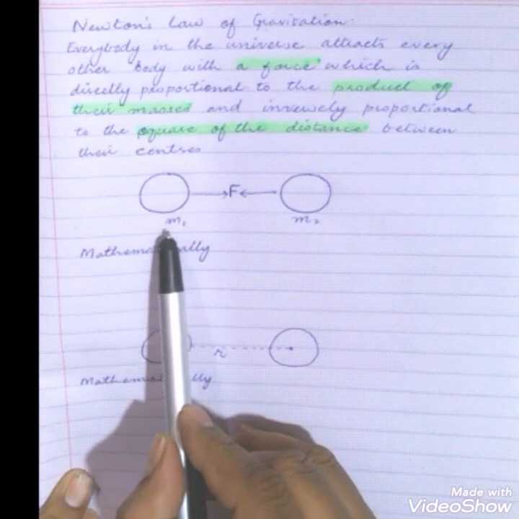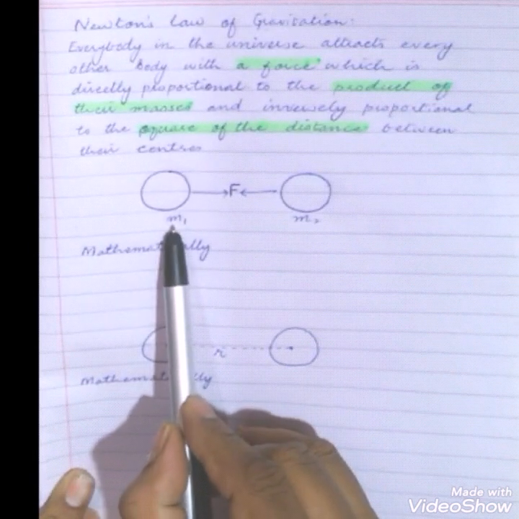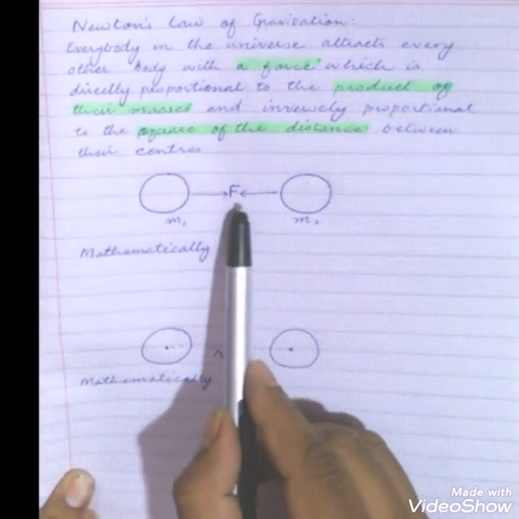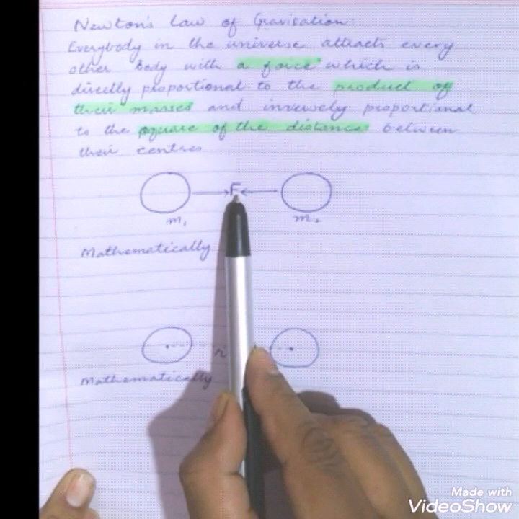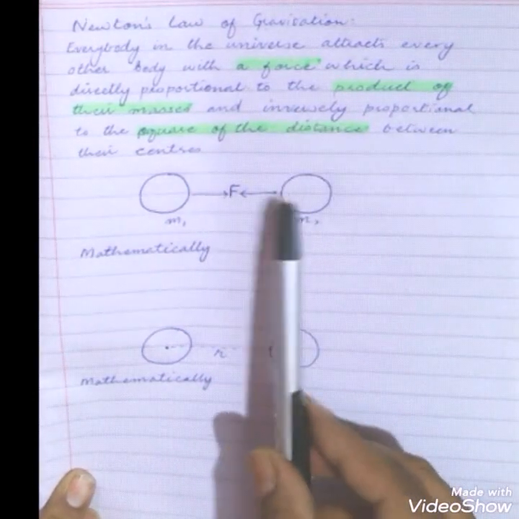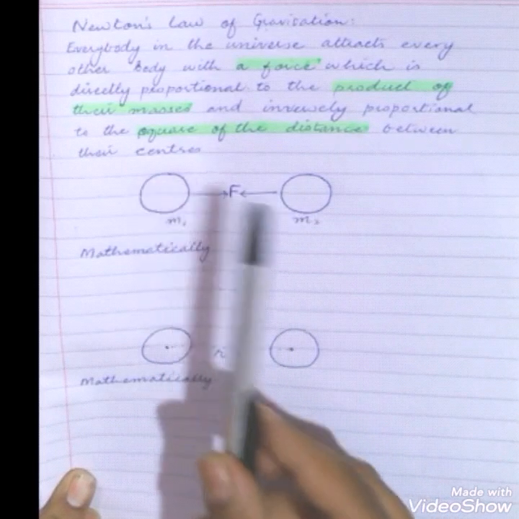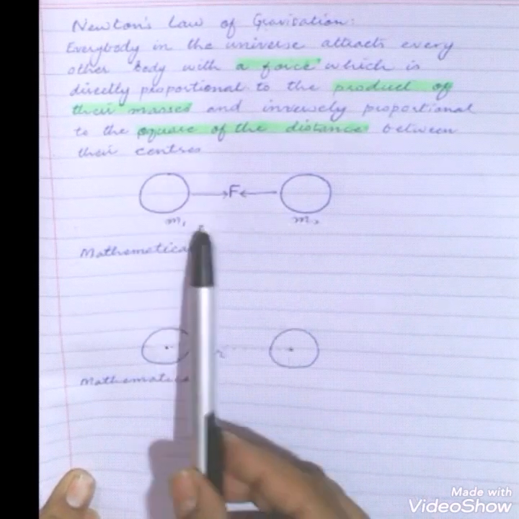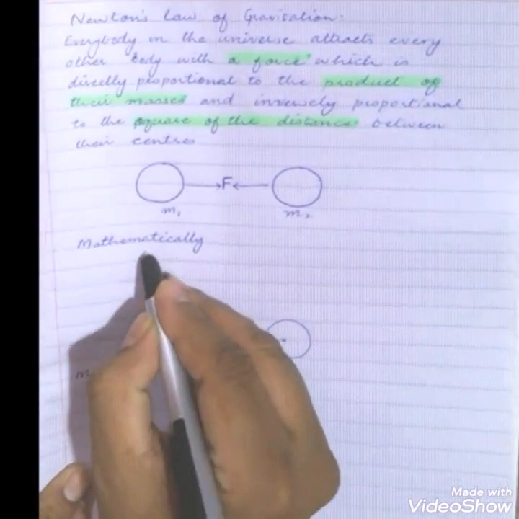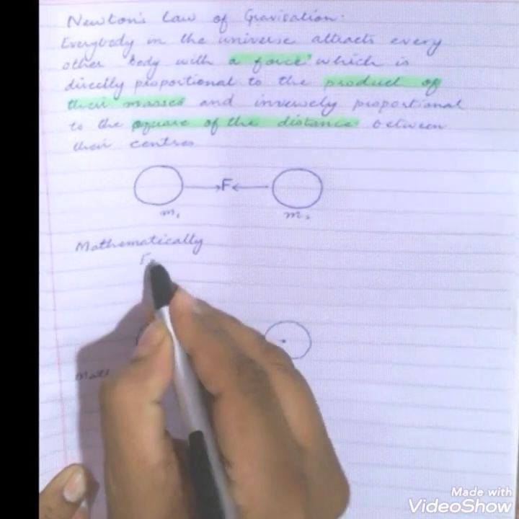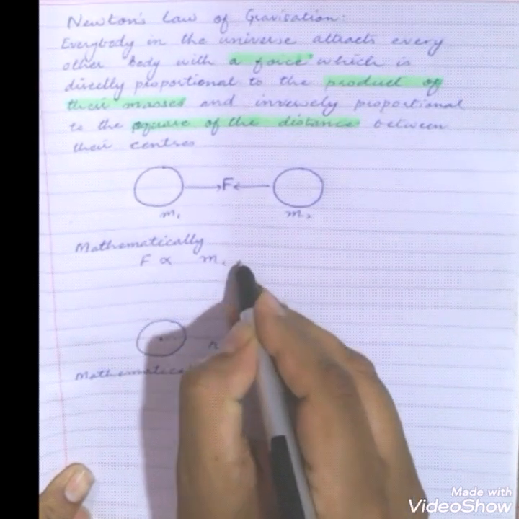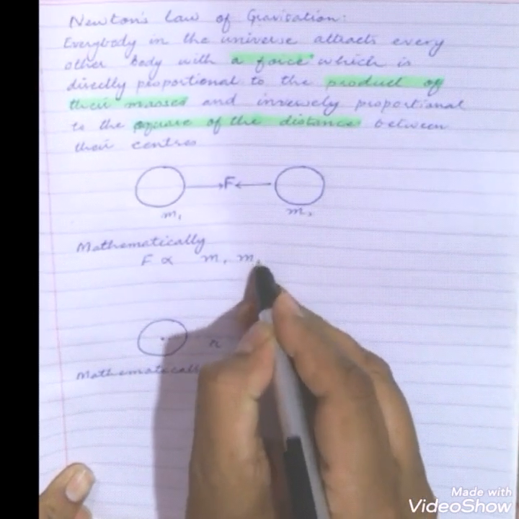The first diagram over here is representing that the force of attraction between these two bodies is represented by the capital letter F, and the masses of the two bodies are represented by m1 and m2. So this force, according to the first part of Newton's law of gravitation, depends directly on the product of these two masses m1 and m2, which can be mathematically noted as F is proportional to m1 m2.